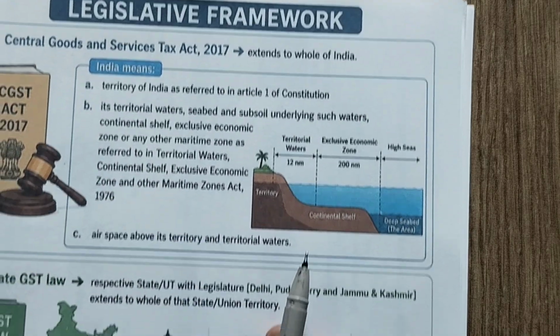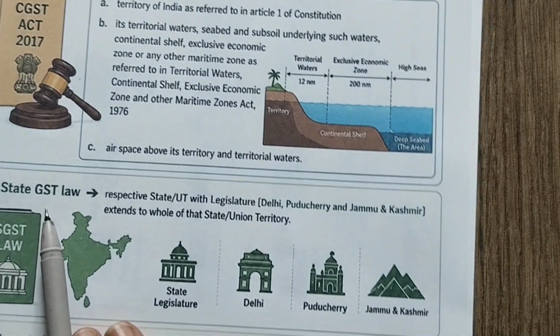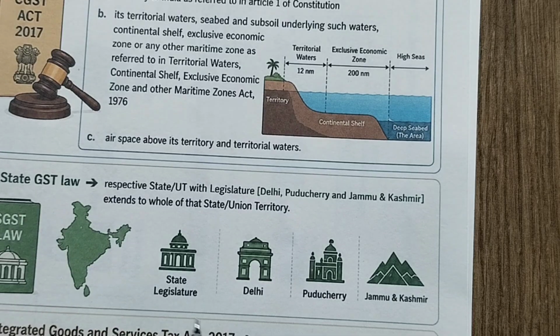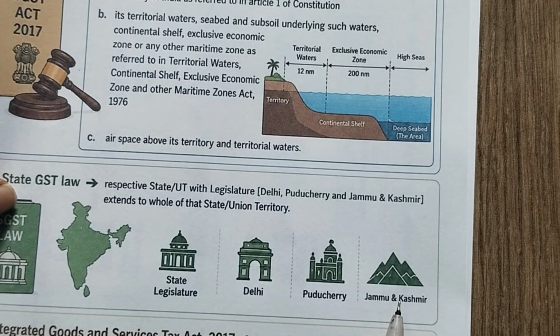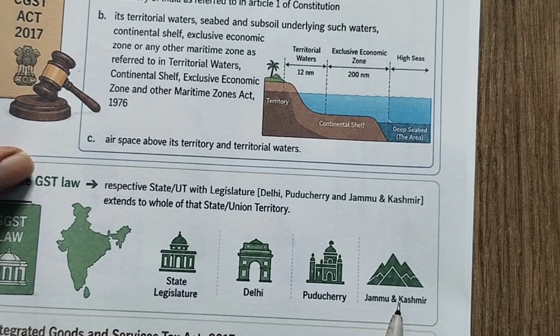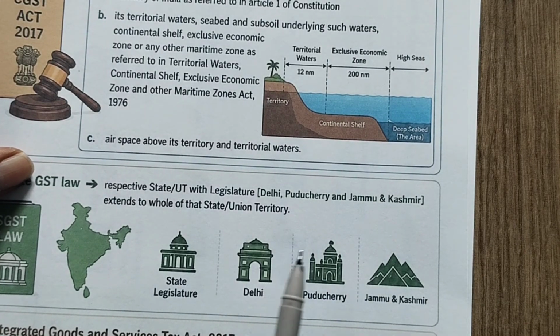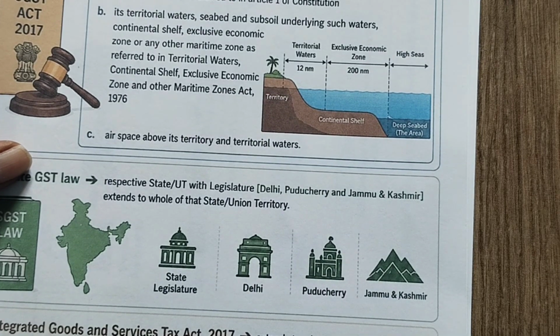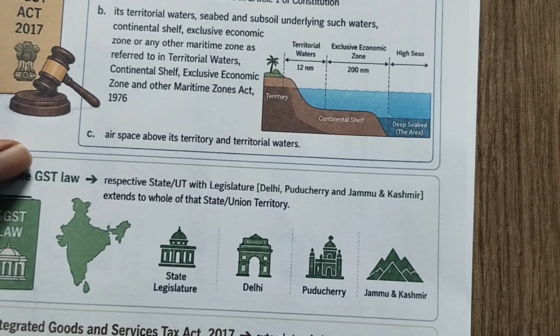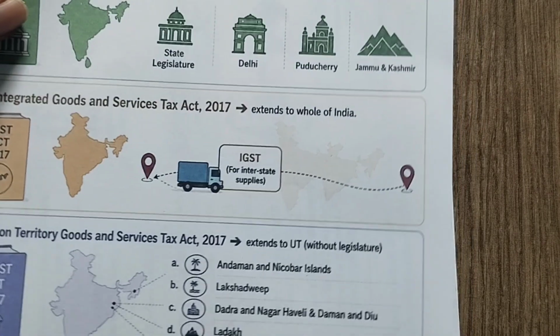Central Goods and Services Tax Act, and the state level law by the state legislature. We have Delhi, Puducherry, and Jammu and Kashmir also included in this. These come under UTs, but for the GST, we are considering them also as states. The Integrated Goods and Services Tax Act 2017 extends to the whole of India for interstate supply.